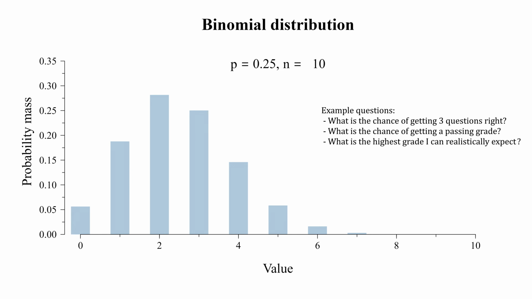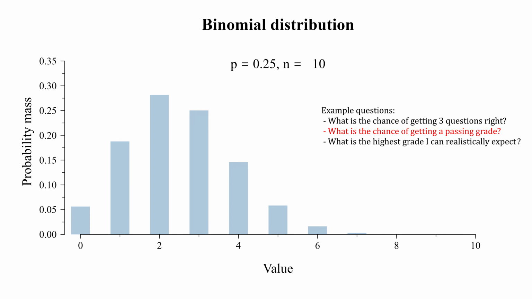Like the Poisson distribution, the binomial is a discrete probability distribution, because you cannot guess 1.5 or 1.1 questions correctly, only 0, 1, 2, etc. That means that we can answer these questions in the same manner as we did with the Poisson distribution. The chance of getting 3 questions right can be read directly from the graph, about 25%.